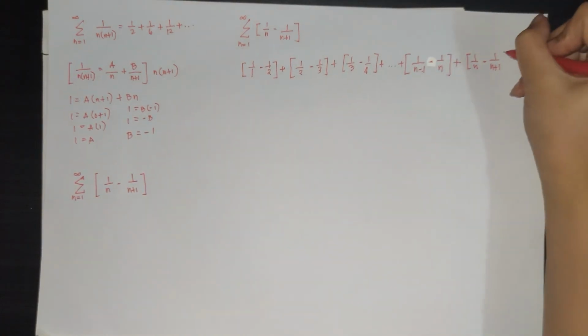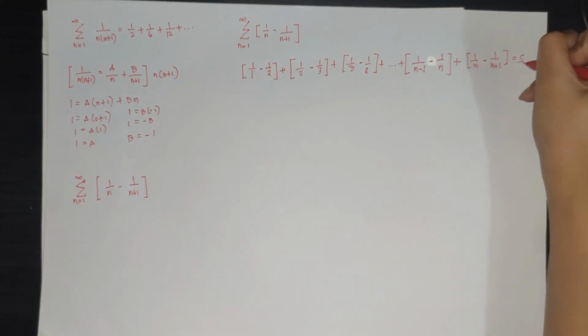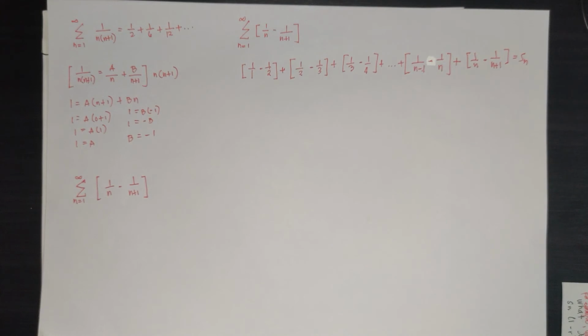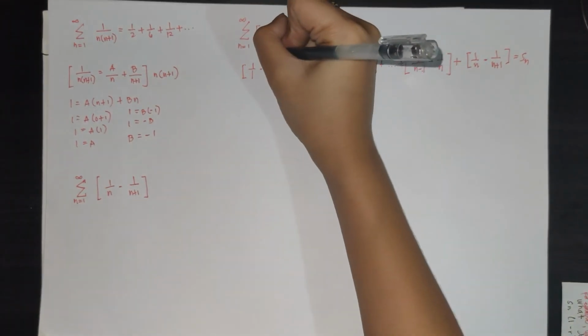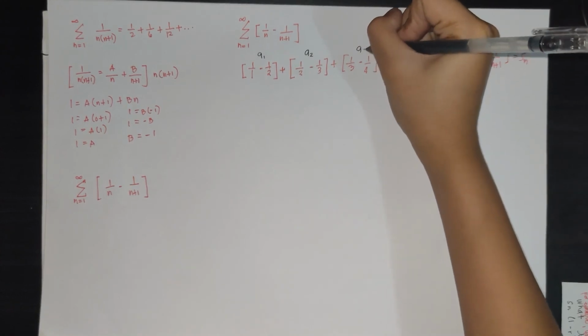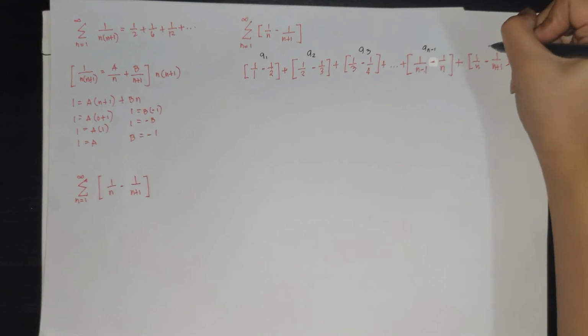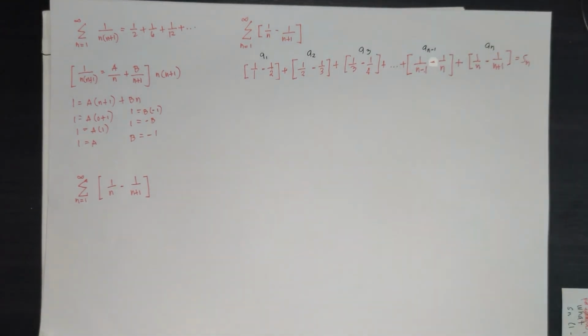So all of this is equal to s sub n. This is a sub 1, a sub 2, a sub 3, a sub n minus 1, and a sub n.